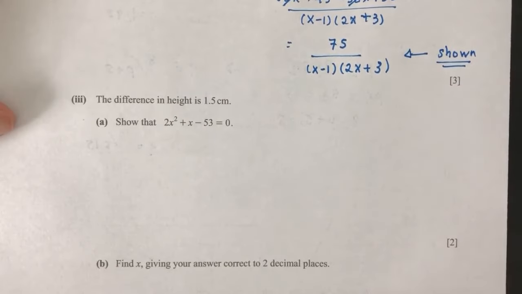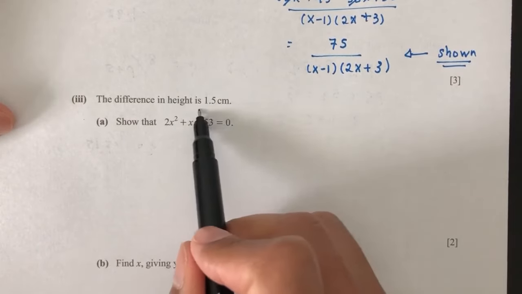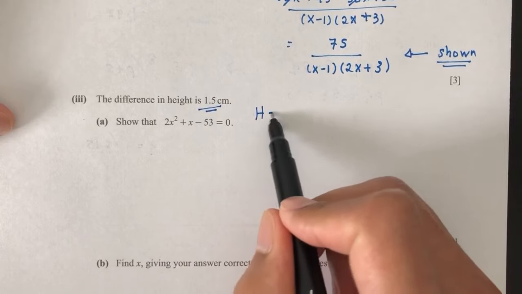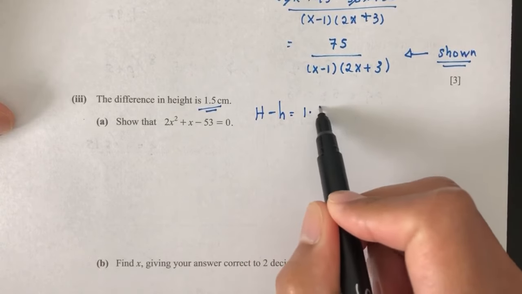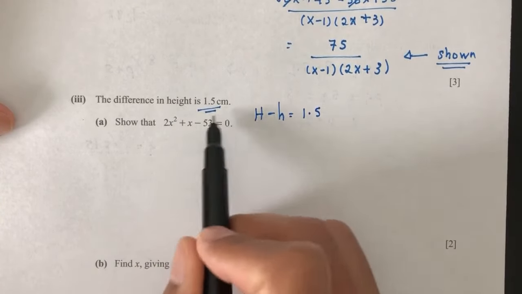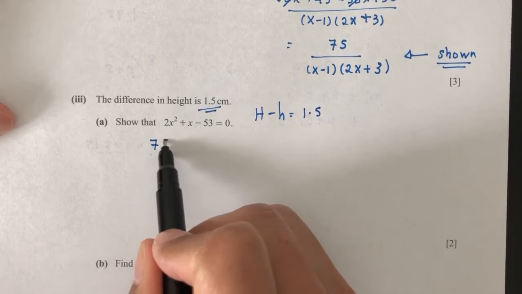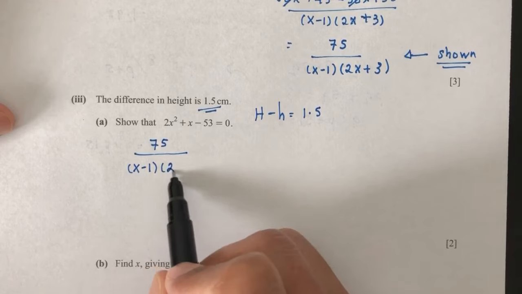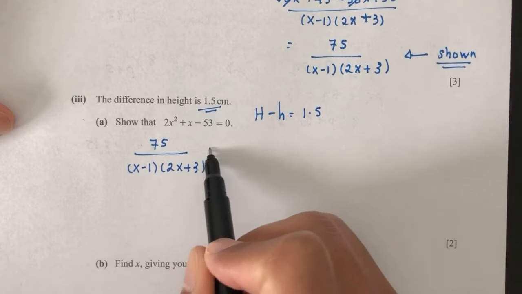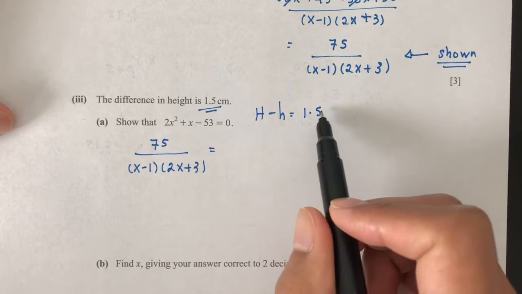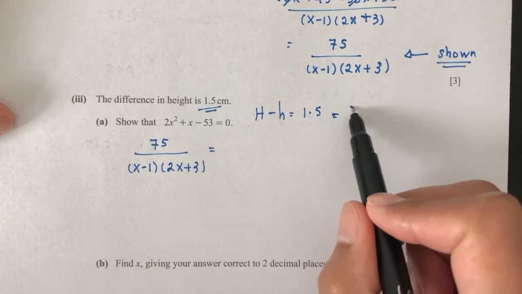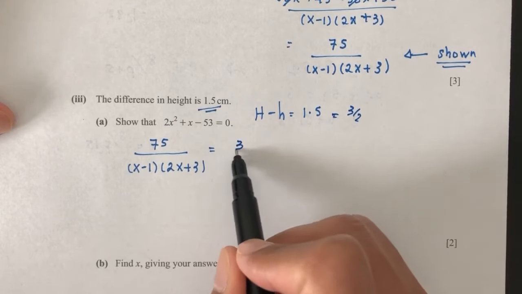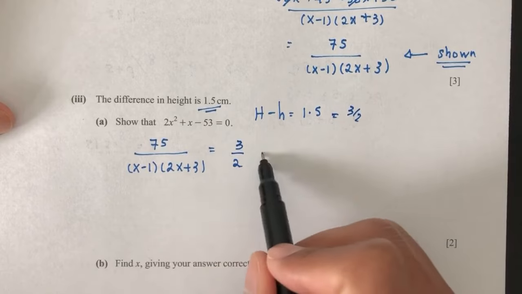Now for part 3, the difference in height is 1.5, so it means that h minus this is 1.5, showing equals to this. So we have to solve this one, which is 75 over x minus 1, 2x plus 3, is actually equal to 1.5. So 1.5 is actually 3 over 2. So let's cross multiply.